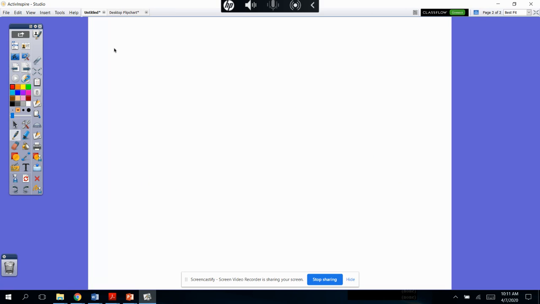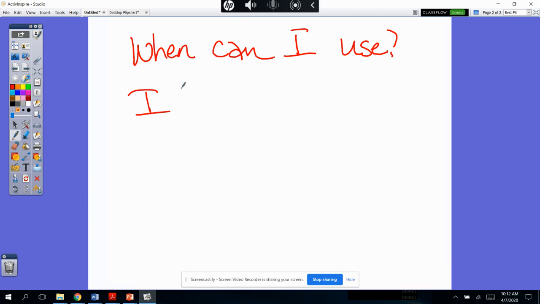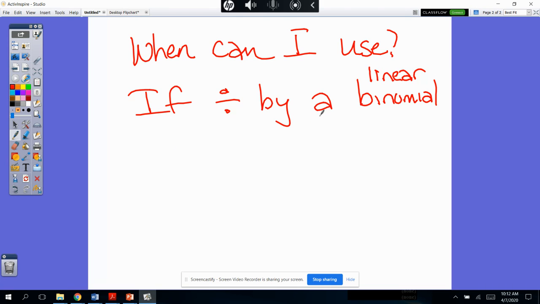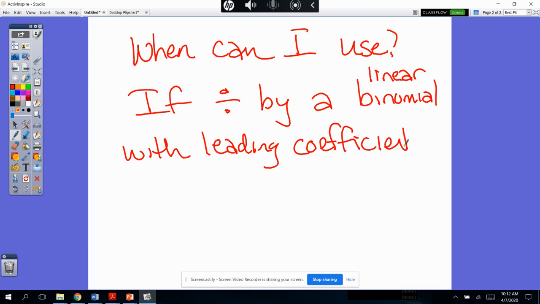So when does it work? When can I use it? You can use it if you are dividing by a binomial. Binomial means two pieces. And it has to be a linear binomial with leading coefficient of 1.